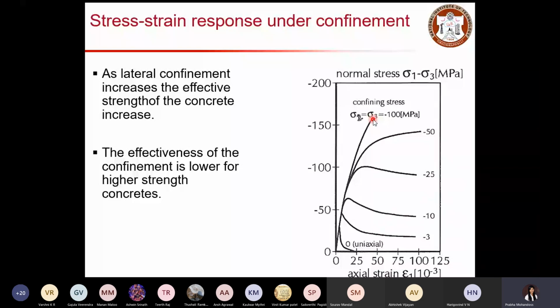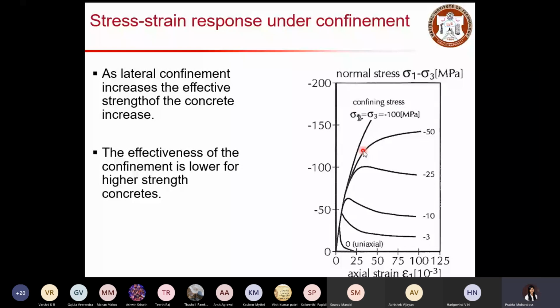That is the point here, why the effectiveness of confinement is lower for high strength concrete. Here also you can see for high strength concrete, you can't see the post peak behavior, because the nature of high strength concrete is to fail in a brittle manner. That is the reason why confinement is not effective in high strength concrete.